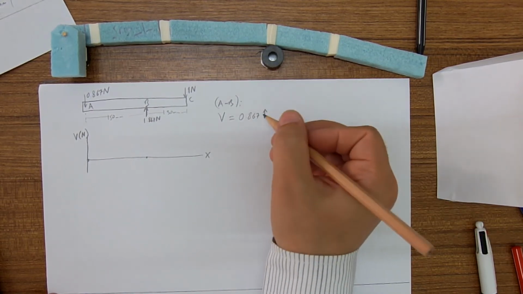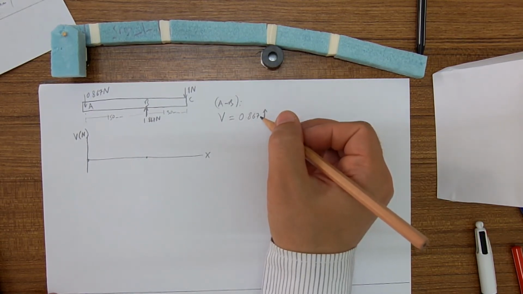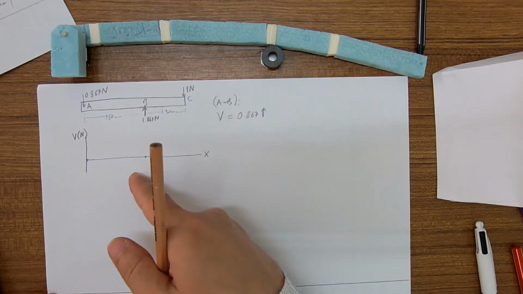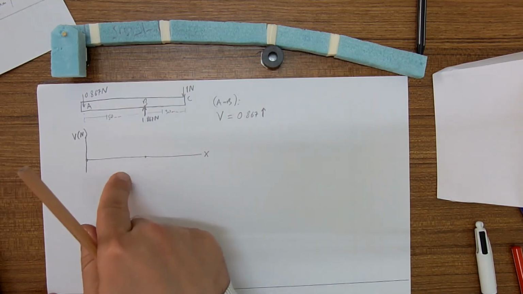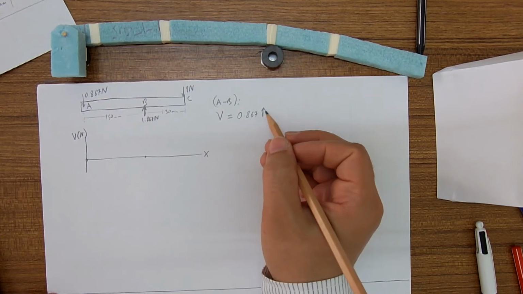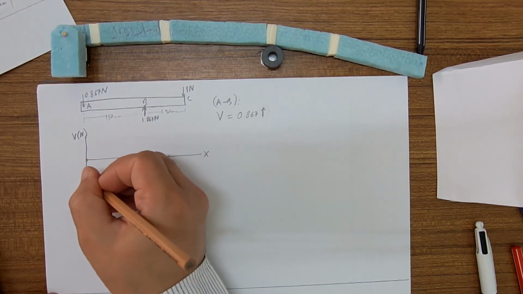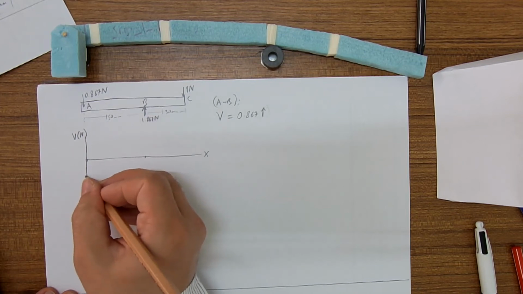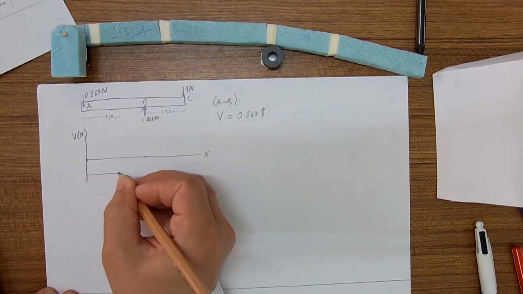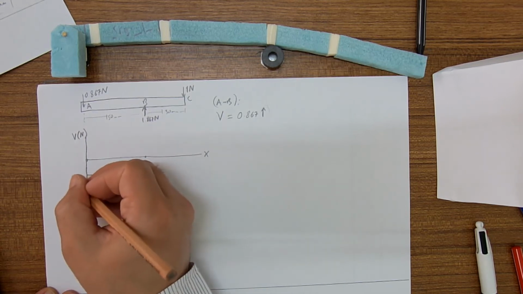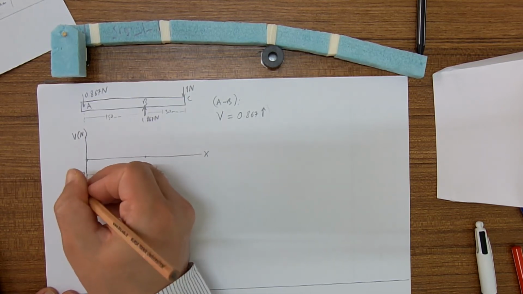That means the shear force is negative. For shear diagram, this is negative sign convention, therefore I plot the line here, 0.867 minus.